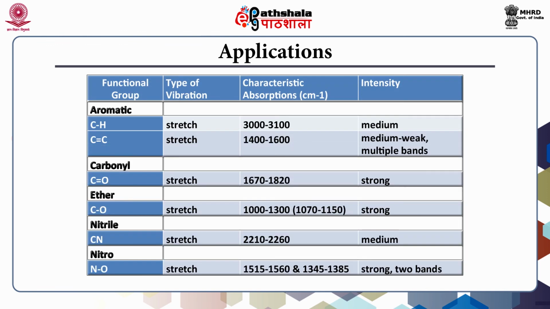Similar to other bonds, this technique is also used for identifying aromatic carbon-hydrogen bond, aromatic carbon-carbon double bond, carbonyl group, ether, nitrile, and nitro. So again, one has to see these characteristic absorption bands, and the presence of these bands will identify the presence of these compounds or the functional groups in an unknown sample.